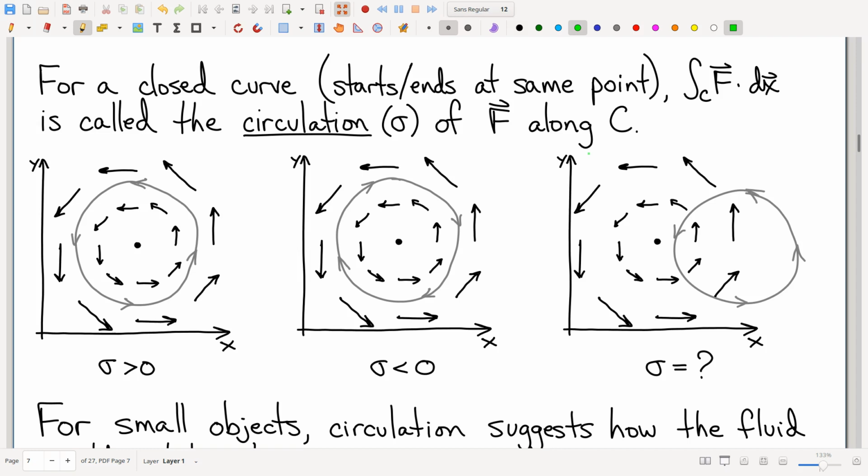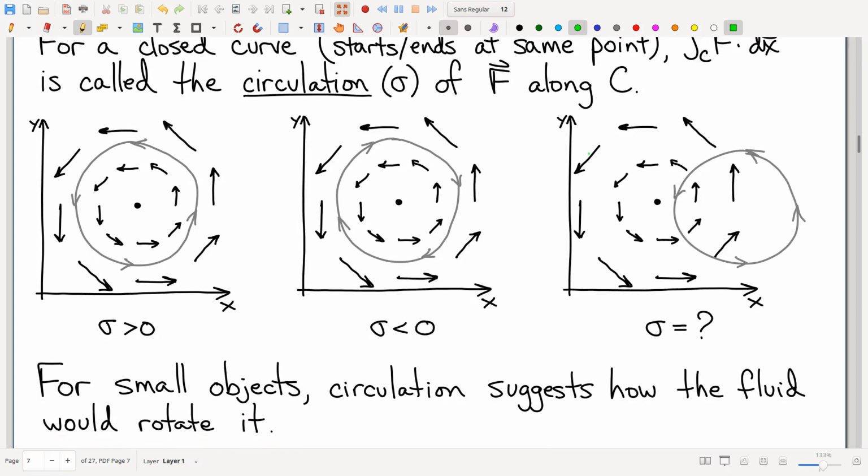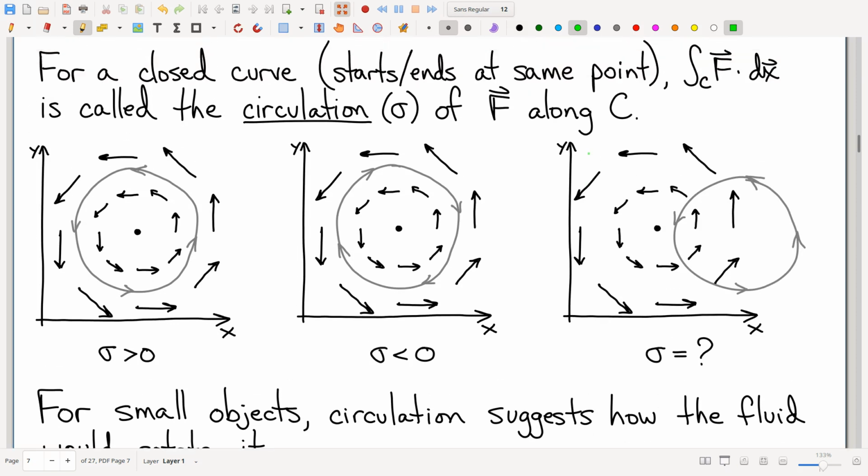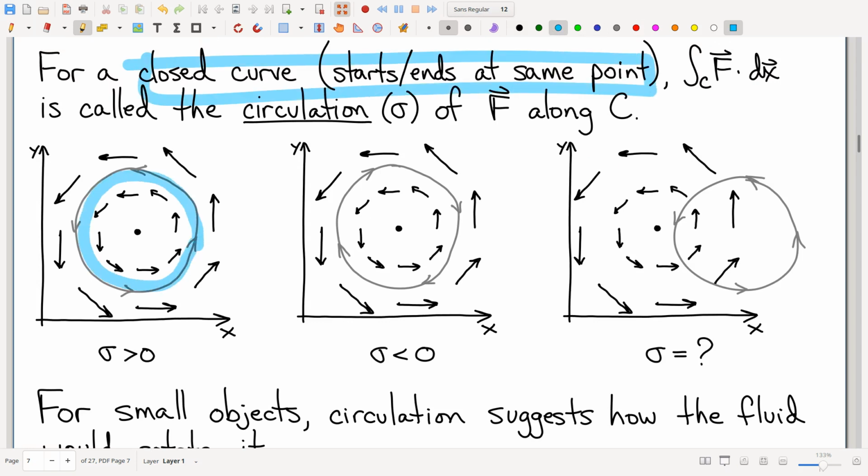Anyway, let's look at these examples real quick. Let's imagine this closed curve right here, oriented as indicated. And now let's imagine we have a fluid flowing as drawn, like this.